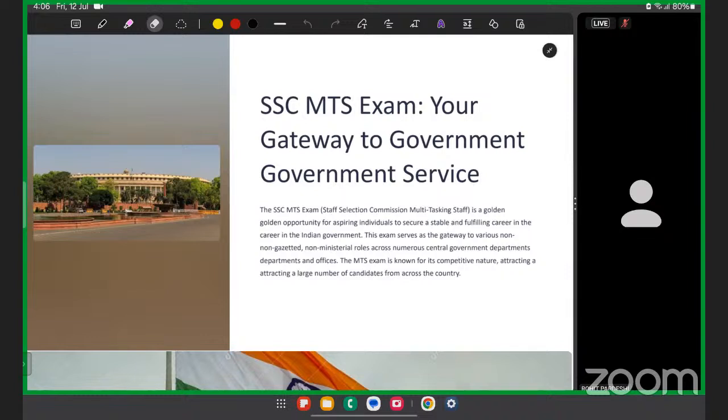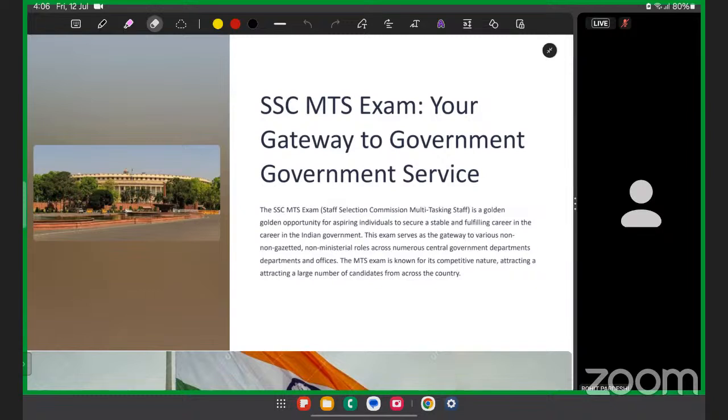So today we'll be looking at MTS. This exam is again conducted by the Ministry of Home Affairs for its various departments and different other ministries. For example, yesterday we were talking about the Principal Controller of Defence Accounts, where a person who has qualified CGL will be working as an auditor, and a person who has qualified MTS will be working as staff assisting the auditor there.